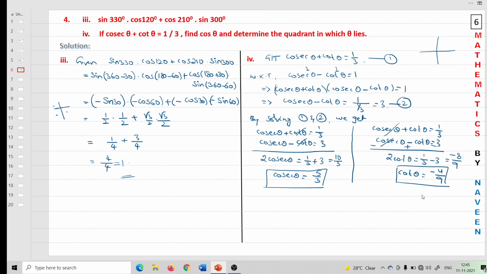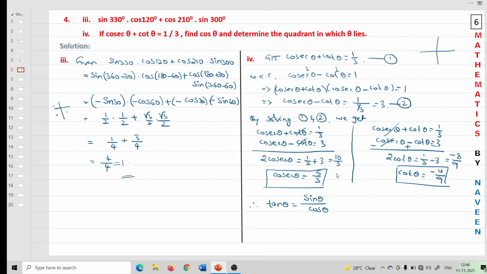From this we have to find the cos theta value, right? And therefore cos theta is equal to, or I am writing tan theta. So tan theta is equal to sin theta by cos theta, right? See, cosec theta is equal to 5 by 3.